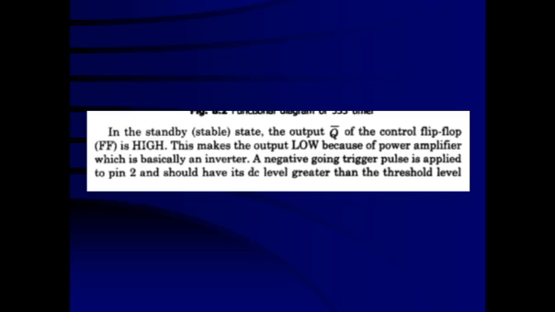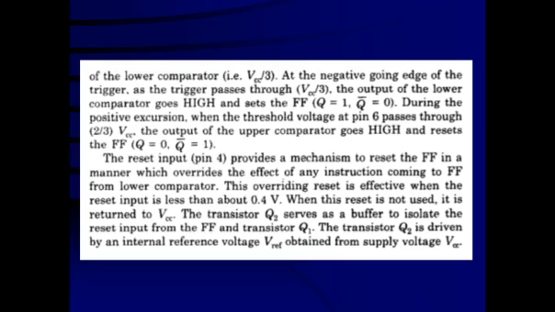In the standby stable state, the output Q bar of the control flip-flop is high. This makes the output low because the power amplifier is basically an inverter. A negative going trigger pulse is applied to pin number 2 and should have its DC level greater than the threshold level of the lower comparator, that is VCC by 3.